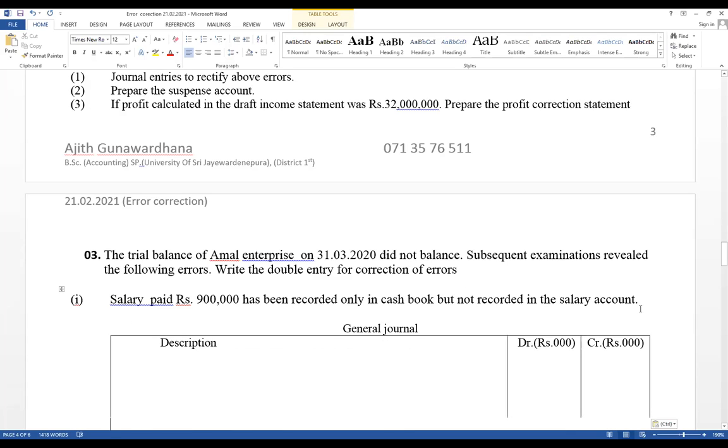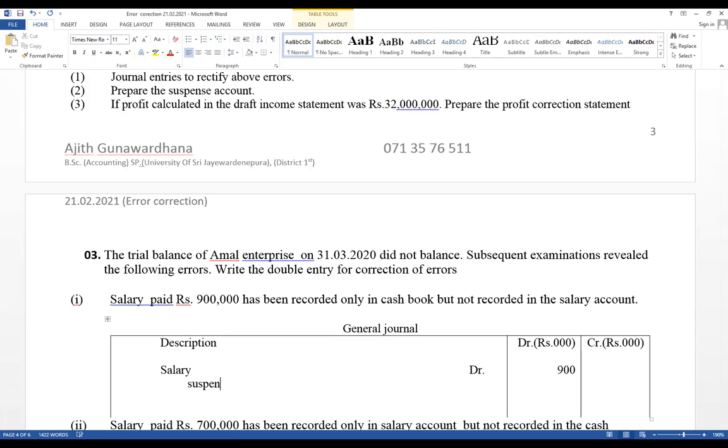Normally cash account credit, salary account debit, but it has been recorded in the cash account and not in the salary account. Therefore, the double entry is salary account debit 9,000 and suspense account credit 9,000. It affects suspense accounts.